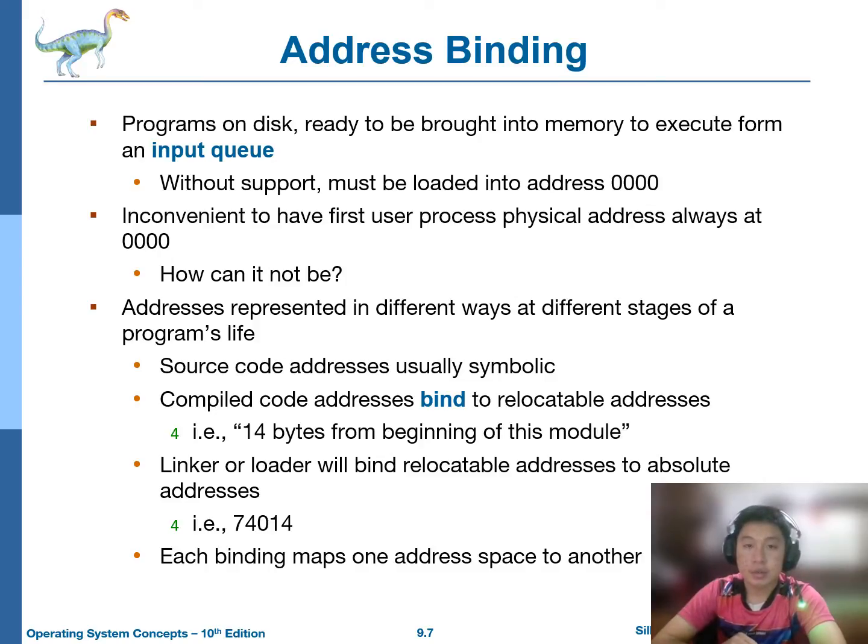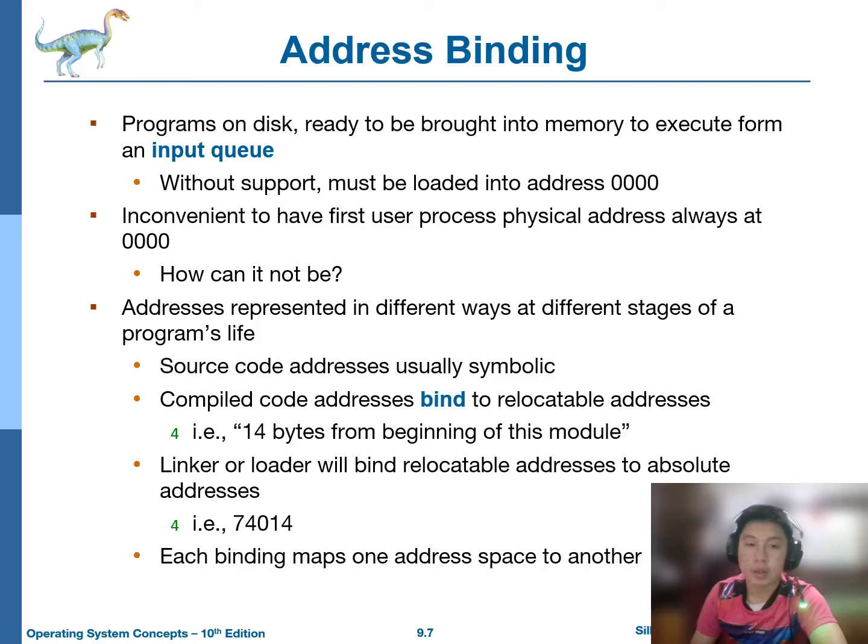Address binding. A program on disk is ready to be brought into memory to execute from an input queue. Without support, it must be loaded into address 0. It is inconvenient to have the first user process physical address always at 0.